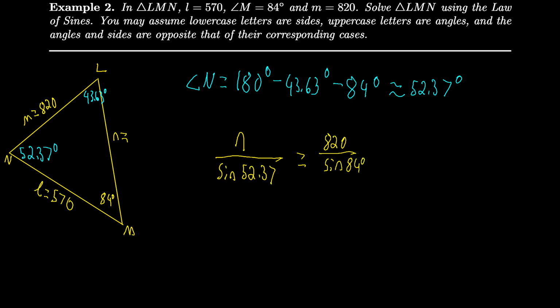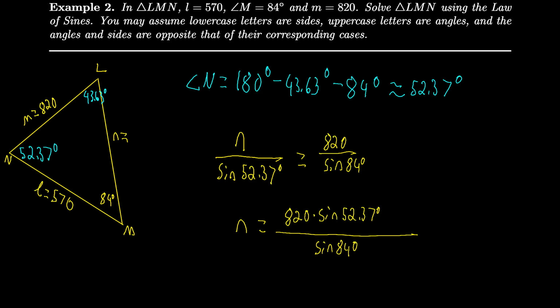Now, this is very easy. You just say n equals 820 times the sine of 52.37 degrees over the sine of 84 degrees. I just multiplied both sides by the sine of 52.37.